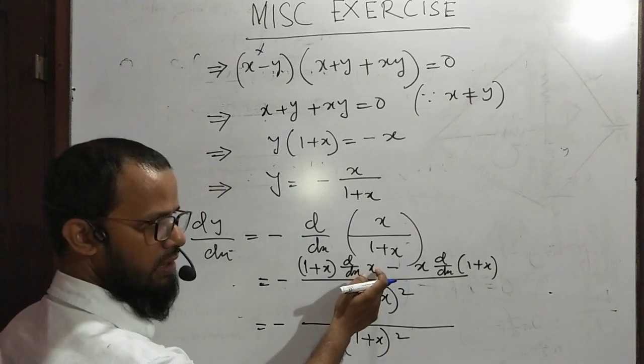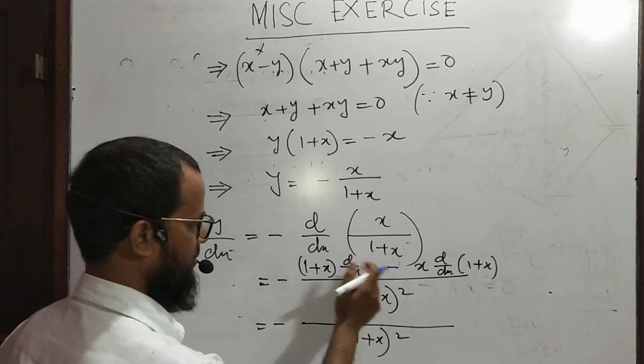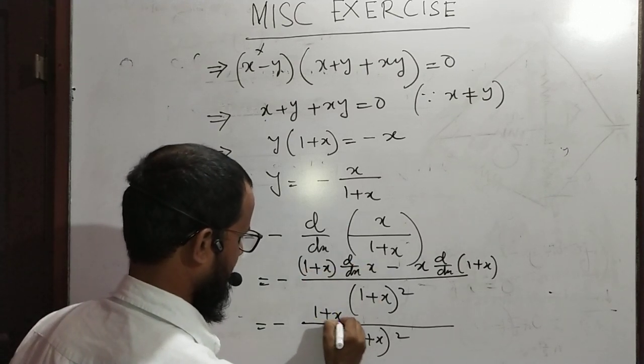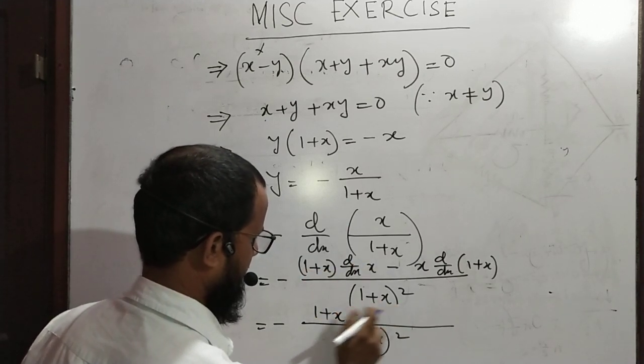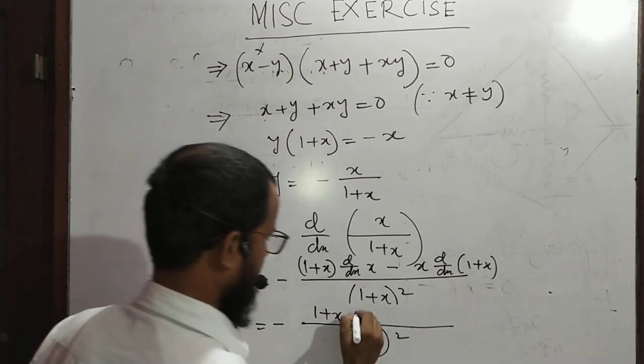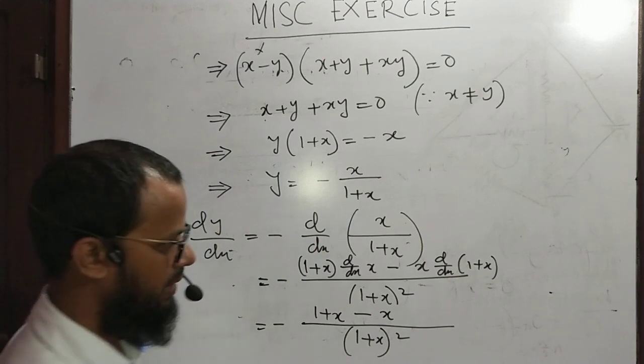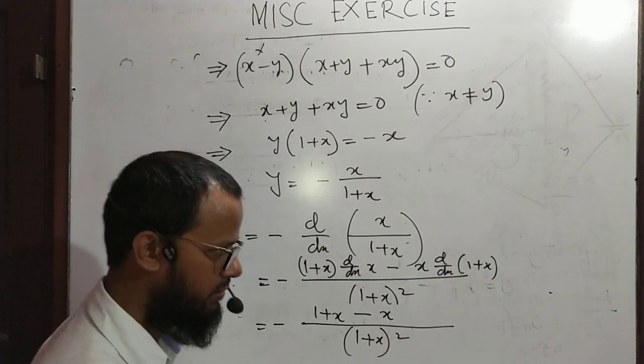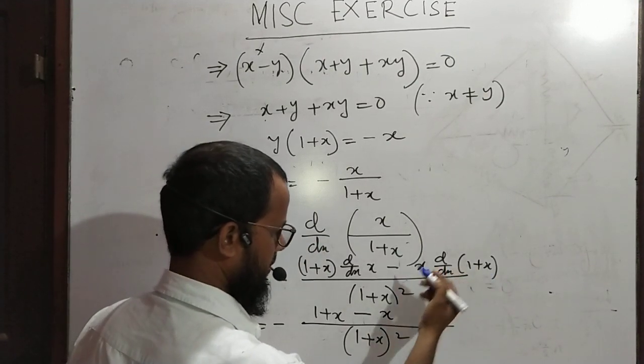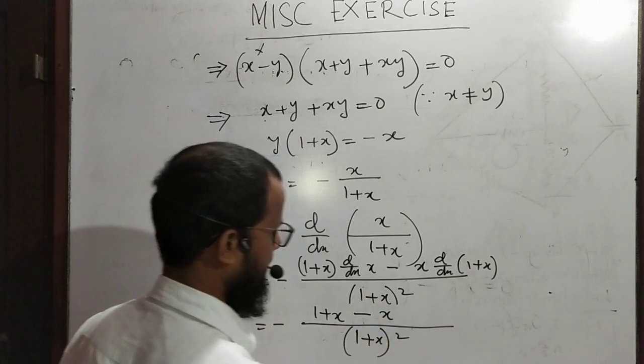d by dx of x is 1, so 1 plus x into 1 is 1 plus x, minus x into d by dx of 1 plus x, which is 0 plus 1, that is 1, so 1 into x is x, so ultimately minus x.